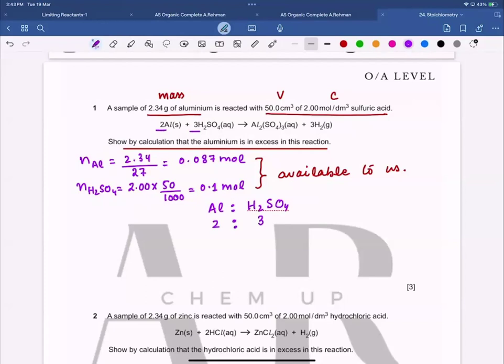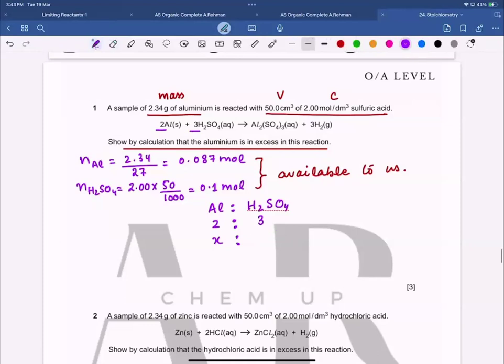Now, remember, the easiest way of doing this, when they ask you to justify that one is in excess, is to make that X and take the available amount of the other substance.